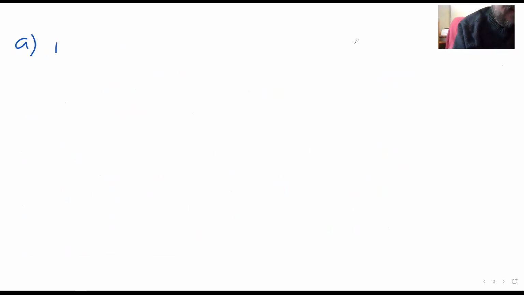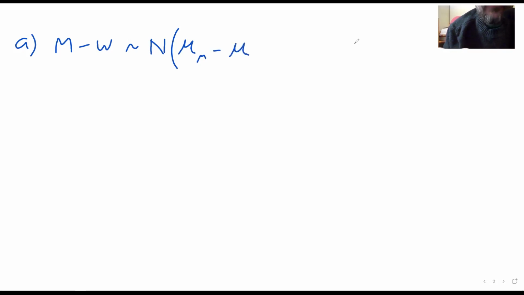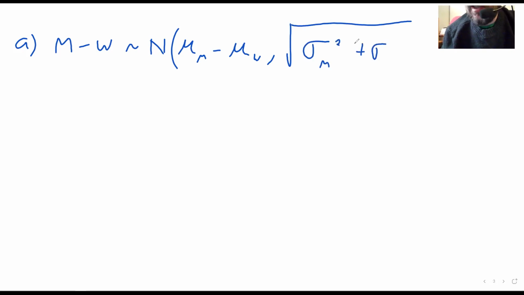So I'm going to say that m minus w is approximately normal, with a mean of mu sub m minus mu sub w, and I'm just using subscripts, of course, to identify which mean I'm talking about, and a standard deviation of the square root of sigma m squared plus sigma w squared. All right, and that equals N.